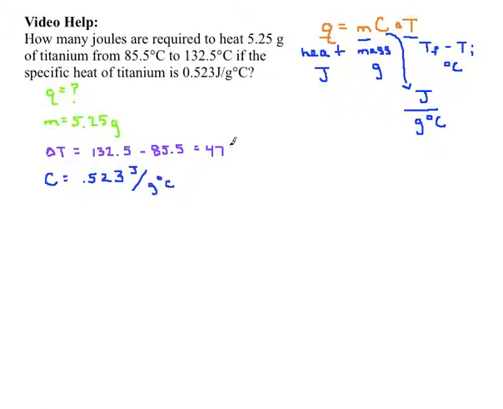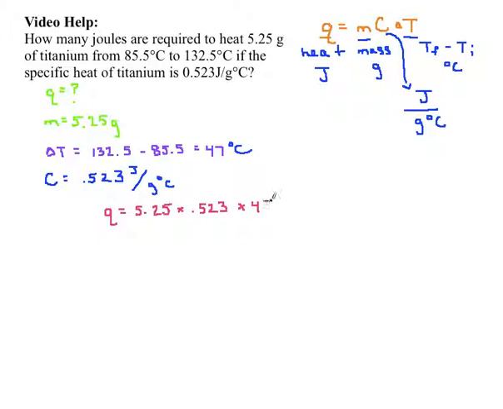This unit is degrees Celsius, so I'm just now going to plug everything in and solve. So my Q, I don't know what it is, equals my mass, which is 5.25, times my C, which is 0.523, times my change in temperature, which is 47.